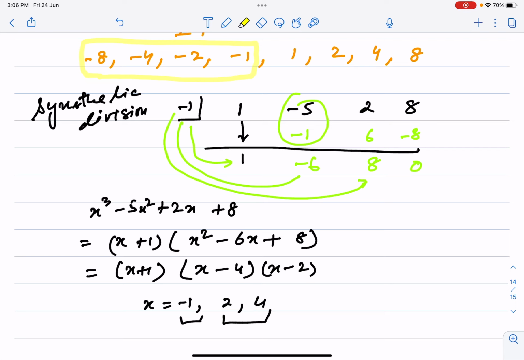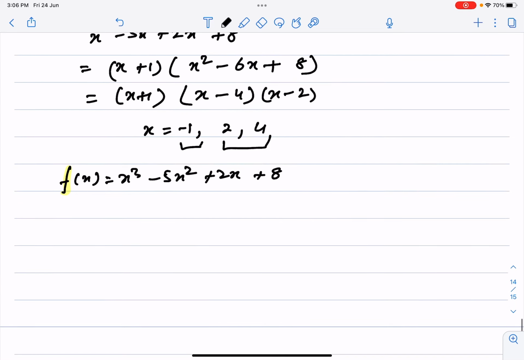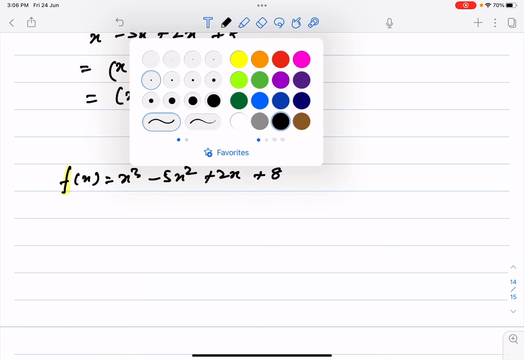Let's make the x-axis and y-axis and try to draw the graph. Let's write first the equation again. This is f(x) is equal to x cube minus 5x square plus 2x plus 8.